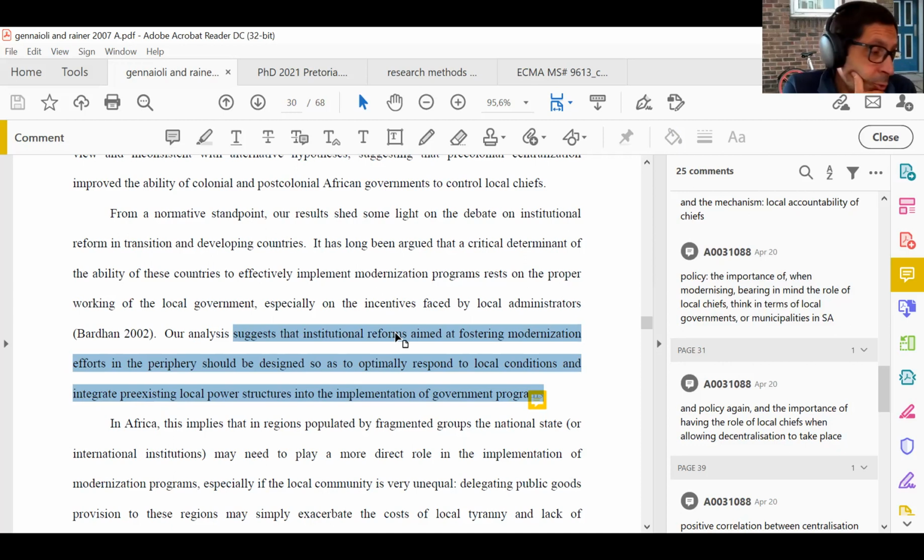So it would be an interesting research question to see if in those areas, for instance, in the middle of nowhere in the Karoo, and the Karoo is inhospitable to humans, right? It's not inhospitable to sheep, but it is inhospitable to humans.